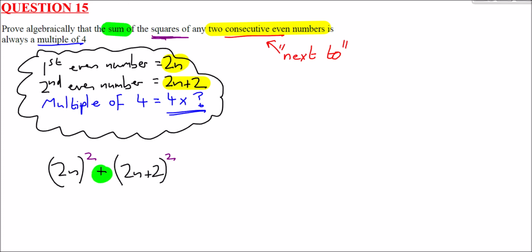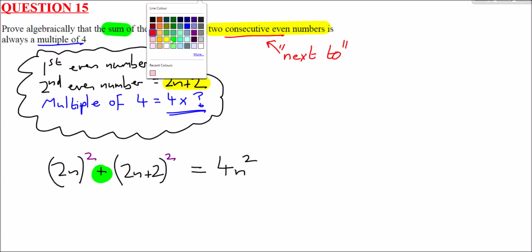So we need to manipulate this algebraically to arrive at something which we can prove is a multiple of 4. So first of all, the easy one is 2n squared. If we square the 2, we get 4, because 2 squared is 4, and n squared is just 4n squared.